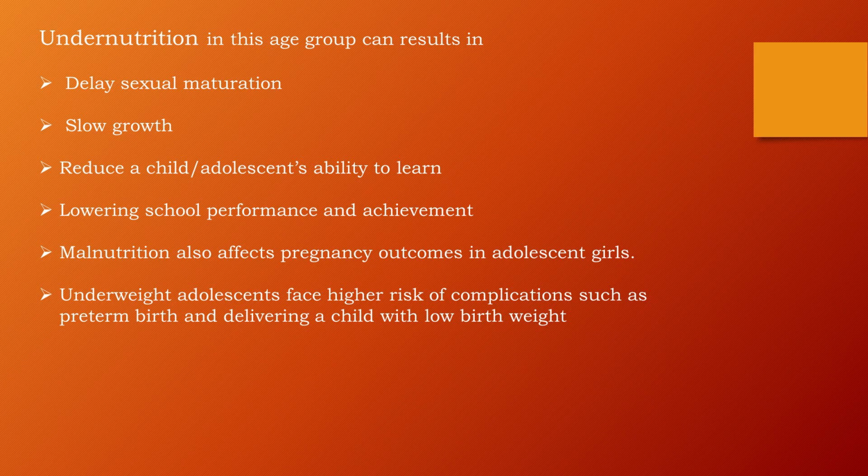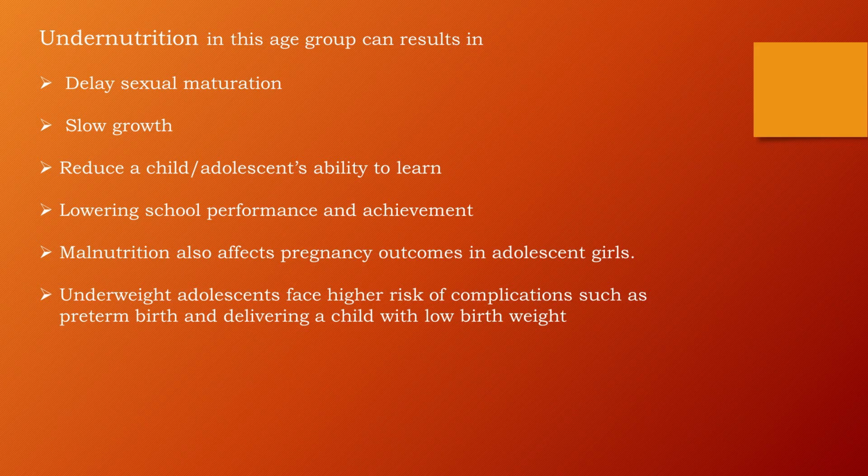One, you can have delayed sexual maturation. That means you may achieve puberty at a delayed age. Second, you can slow your rate of growth both in weight as well as in height.